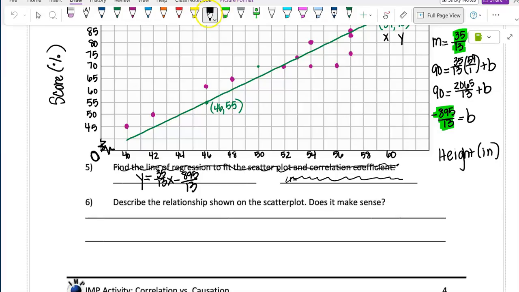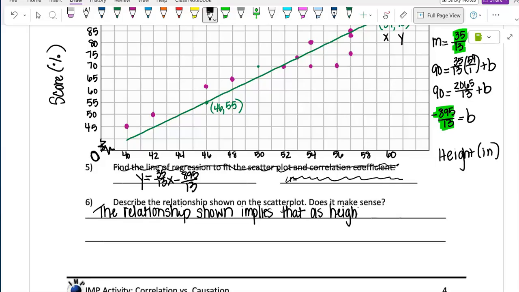Well, the relationship shown implies that as height increases, test scores increase.